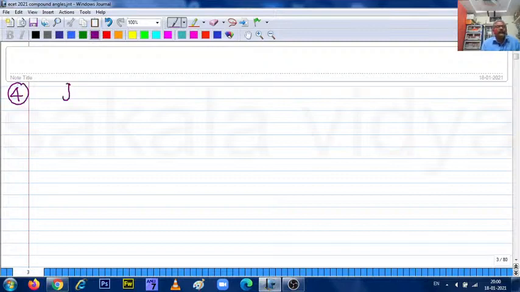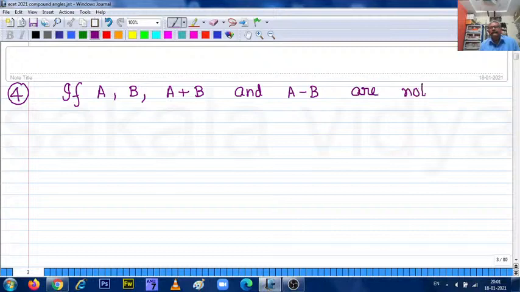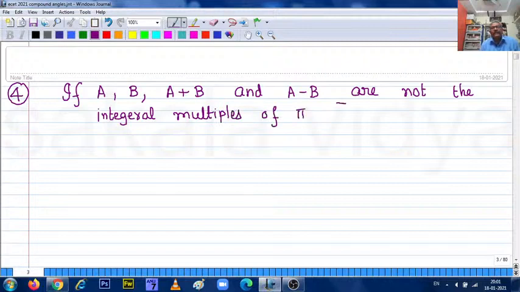See, if a, b, a plus b and a minus b are not integral multiples of pi, that means it should not be equal to n pi, where n is an integer, n belongs to Z.